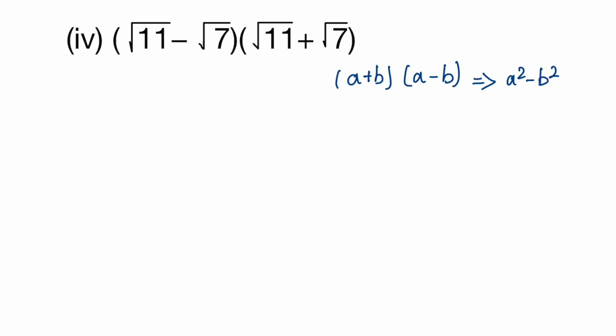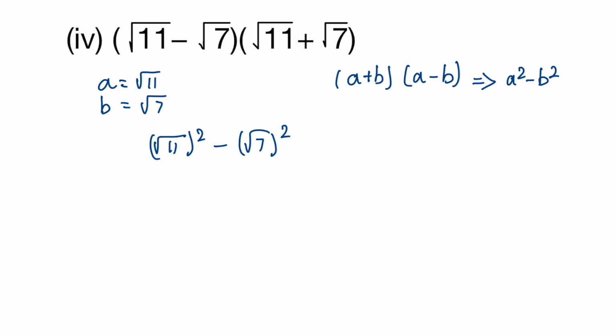We are just going to use this formula where a is root 11 and b is root 7. So root 11 squared minus root 7 squared, that is 11 minus 7, and that gives you a value of 4, and 4 is the answer to this question.